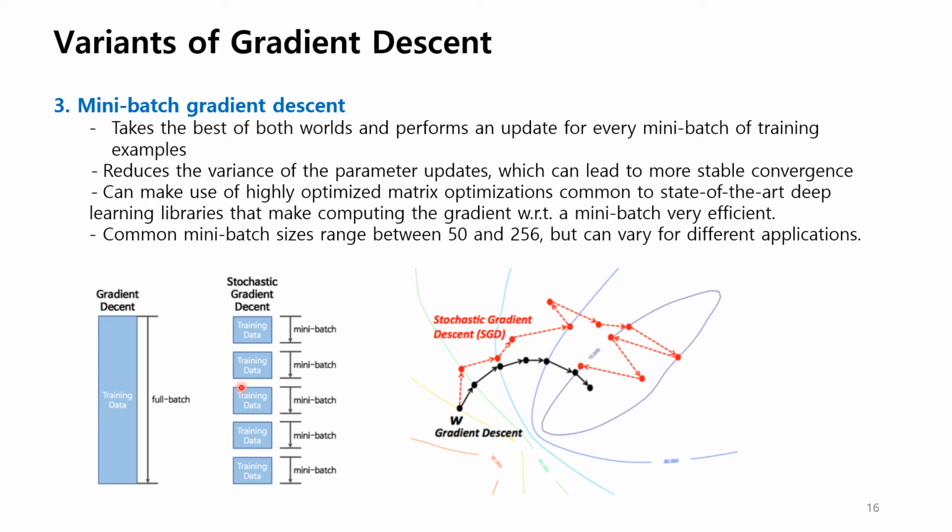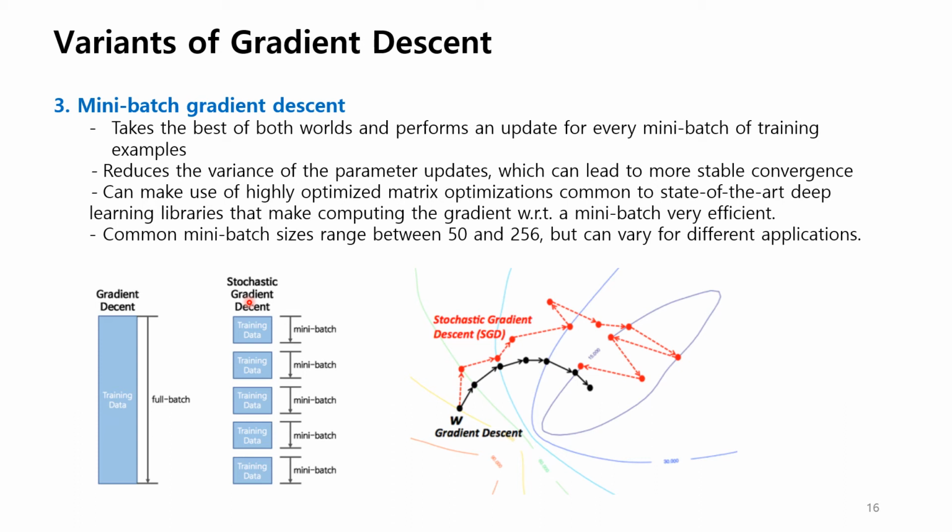Actually, this mini batch gradient descent is the most popular method we use in training deep learning. It takes the best of both methods, batch gradient and stochastic gradient. You update for every mini batch, so you can reduce the variance of parameter updates. The problem of stochastic gradient was that its variance is very high, sometimes very high, sometimes very low.